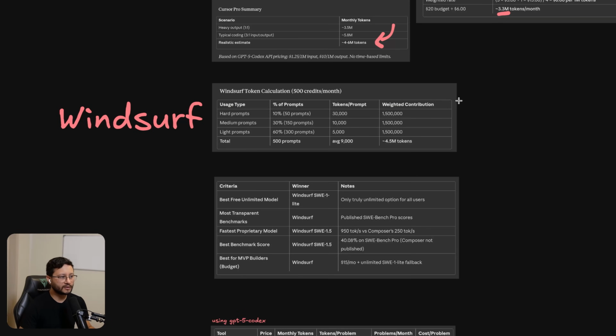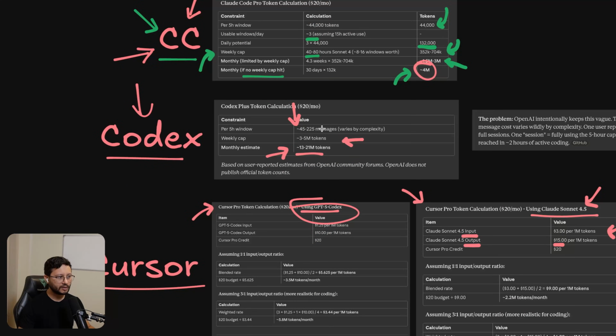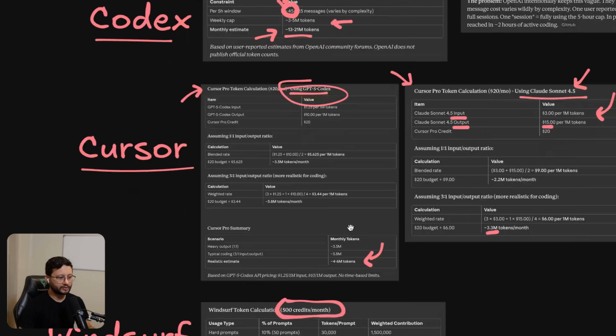Now, the interesting thing about Windsurf is that it's based on credits. The way these credits work is, if you have an agent do a really complex task, as in the Codex example that is based on complexity, where asking something hard might put you in that 45 messages range, which would allow you to build less.